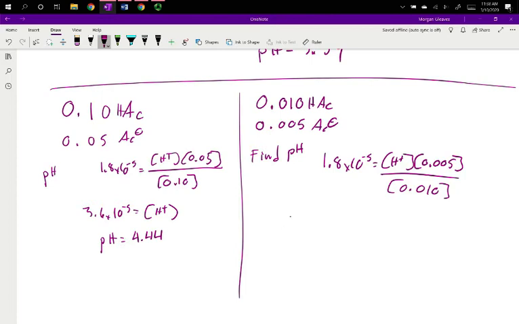And so if you have 1 over 2 versus 10 over 20 versus 100 over 200, the ratios are still the same. It's 2 to 1. Since we're dividing, when we divide, that still is true. It's still a 2 to 1 ratio for these. What we'll actually find when we calculate out this H plus is that it's the same. 3.6 times 10 to the minus 5.